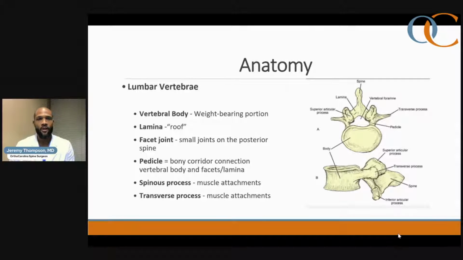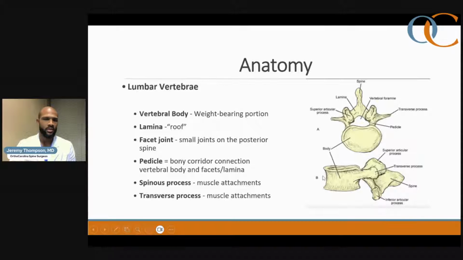But before we get too far into it, I think we need to brush up on some anatomy of the spine. So the bones of the spine are called vertebrae, and this here is a lumbar vertebra in particular. There's a number of parts of the vertebra that we should understand in order to understand lumbar stenosis. So first, this here is the vertebral body.